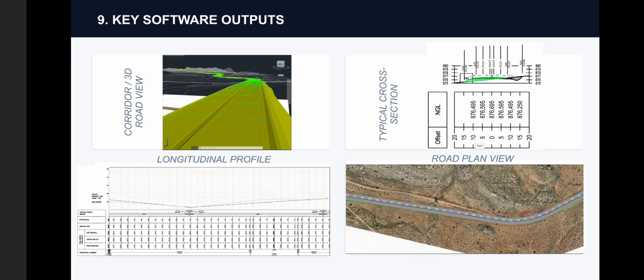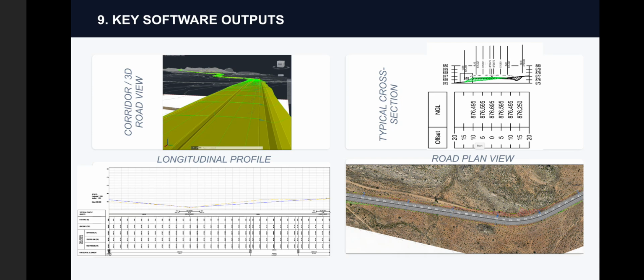So these 4 views illustrate the main software outputs. Professor can see the 3-dimensional corridor model of the road, also a typical cross section showing the lanes. The green area identifies the section that needs to be cut, and it also shows my conceptual stormwater drain.